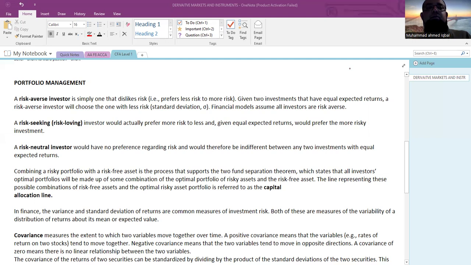With respect to portfolio management, there are certain aspects. Individuals, insurance companies, endowment funds approach the investment managers, the portfolio managers, and describe their situation.